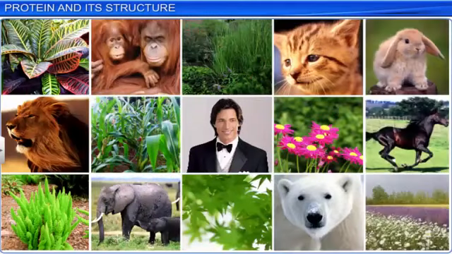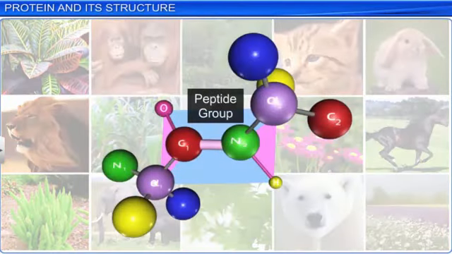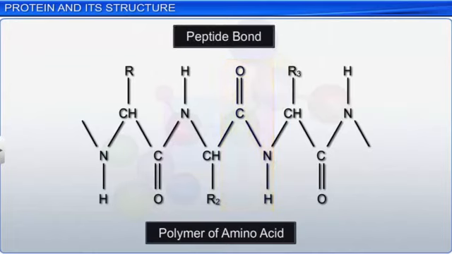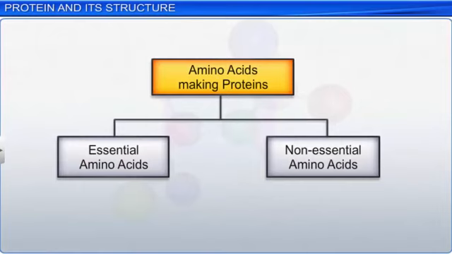Proteins are important biomolecules needed by all living organisms. They are polymers of amino acids arranged in a linear chain and linked by peptide bonds. Therefore, they are also known as polypeptides. Amino acids that go into the making of proteins can be essential or non-essential.